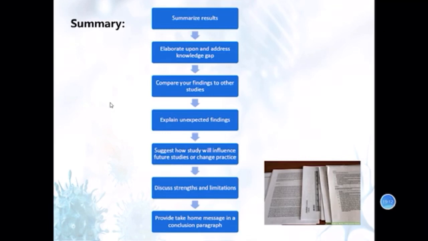So, in this discussion part, we make a summary. Usually, they have seven paragraphs. First is to summarize the results, then elaborate upon or address the knowledge gap, then compare your findings to other studies, then explain unexpected findings, then suggest how the study will influence future studies or change practice.